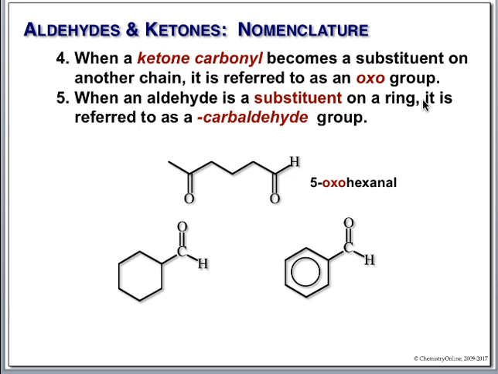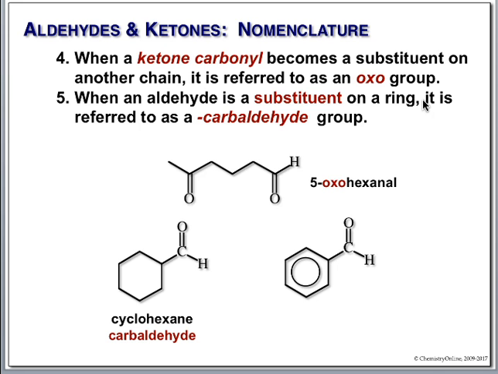Here we have a cyclohexane, and we have an aldehyde stuck to it. Lots of carbons in the cyclohexane, so we're going to let that be our parent. And we're simply going to say that we have attached to our cyclohexane a carbaldehyde group. Cyclohexanecarbaldehyde, one word.